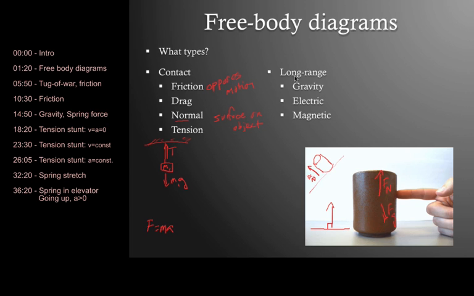Then we have these long-range forces. These different kinds of long-range forces are all fundamental forces. So when you and I throw a ball, here I am, I'm going to try to throw a baseball over to my friend over here.